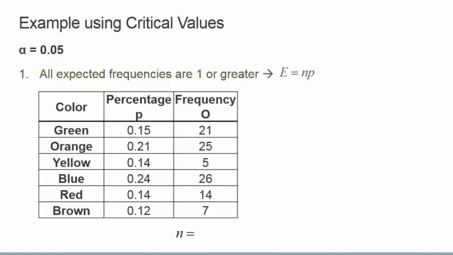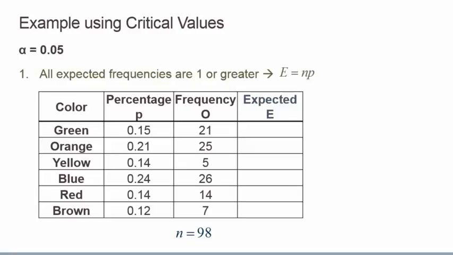I need to find N, which means I need to sum up the frequencies. Green is 21, orange is 25, yellow is 5, blue is 26, red is 14, brown is 7, for a total of 98.